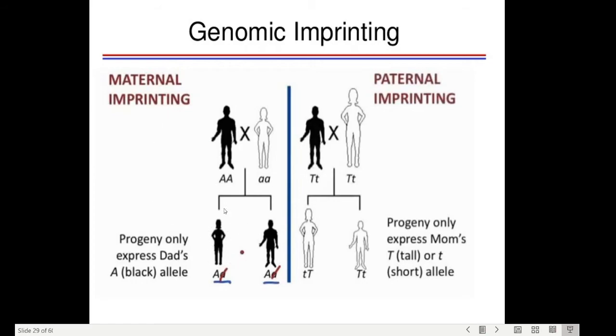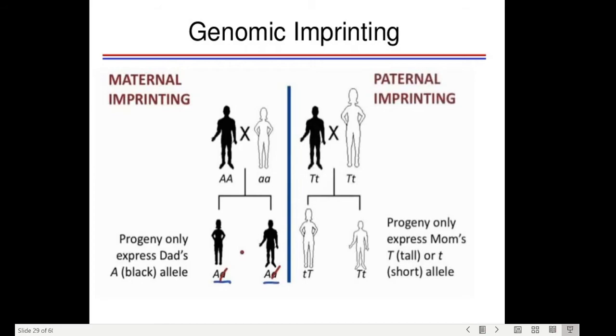In this first image of maternal imprinting, only the father character is expressed. In the second generation, the mother, daughter and son have a character similar to the father. There is a suppression of the particular mother character, so it's called maternal.